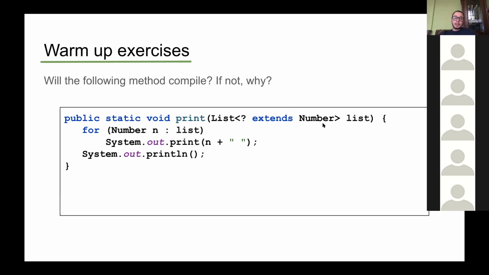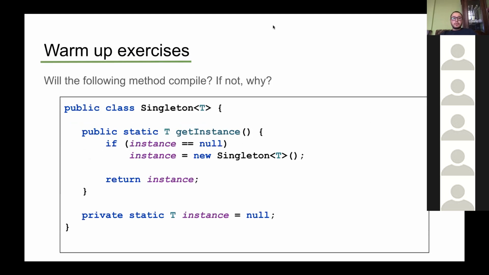So any class which extends from Number and is put inside the list is valid as a parameter of this function, right? So let's move on. What about this class and its syntax? Is this legal?